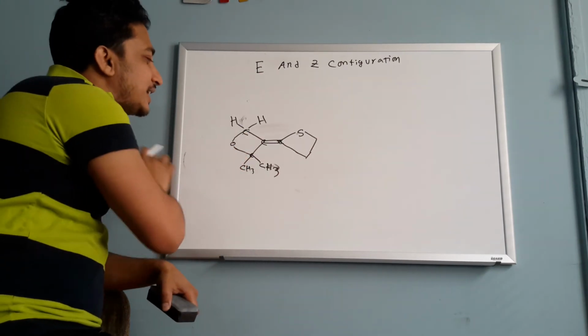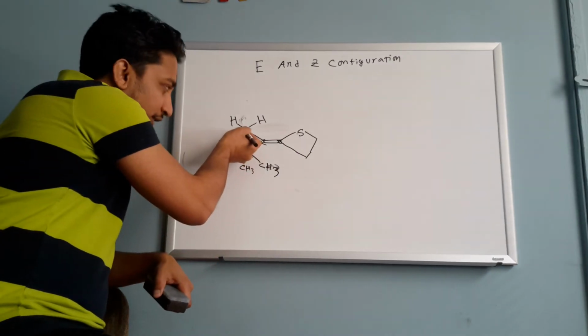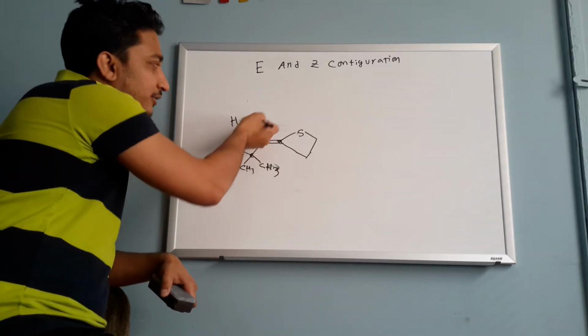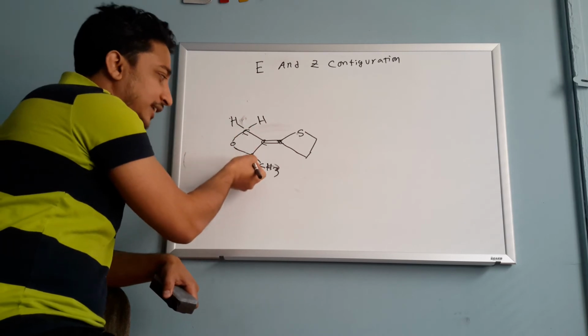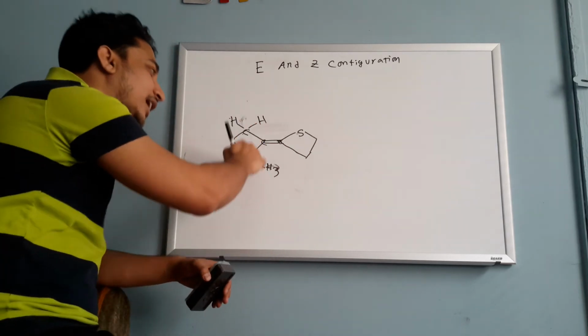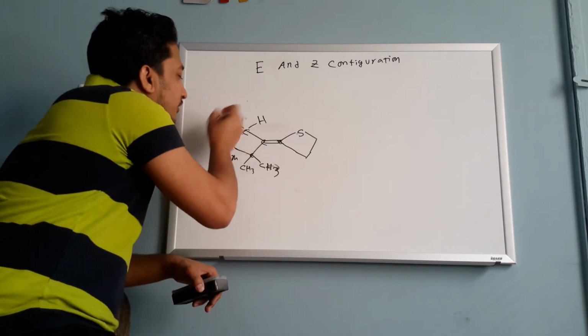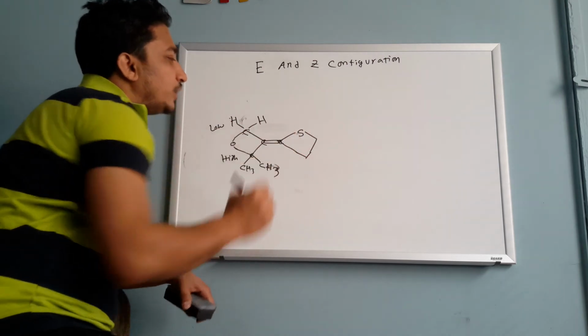So oxygen makes no difference, the only difference is this carbon is filled up with hydrogen and hydrogen, but this carbon is filled up with carbon and carbon. So obviously carbon's atomic number is high, even if it's in the down position it is high, and this is going to be low.